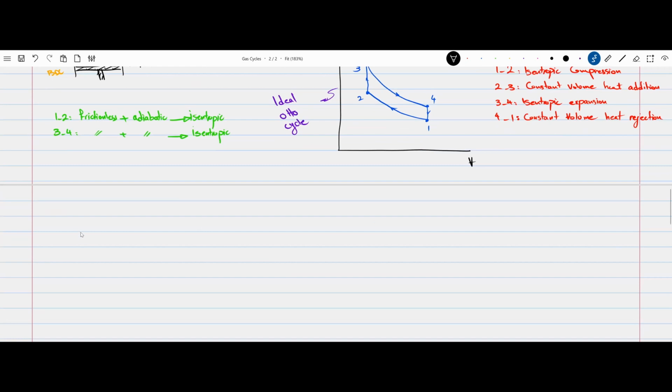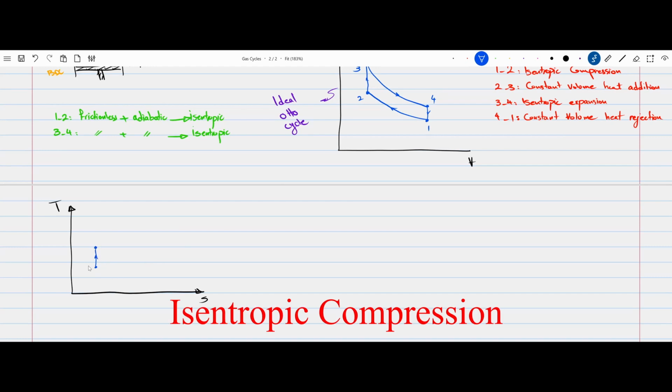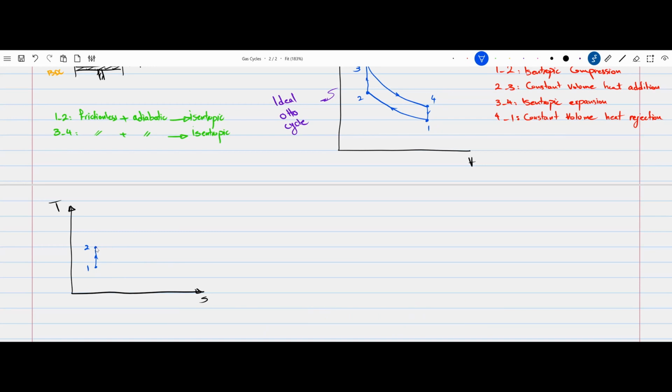We can add the TS diagram to this analysis as well. So let's say this is T and this is S. The processes are very simple. 1 to 2 is an isentropic expansion, so S is not changing. 2 to 3 is a heat addition at constant volume, so you're looking at something like this. 3 to 4 is again an isentropic expansion, so S does not change.